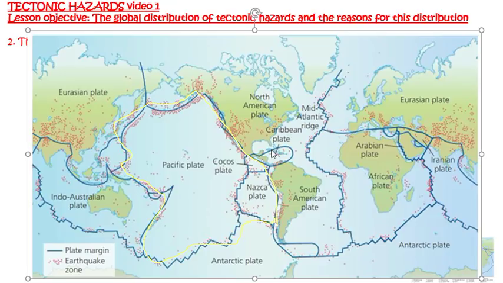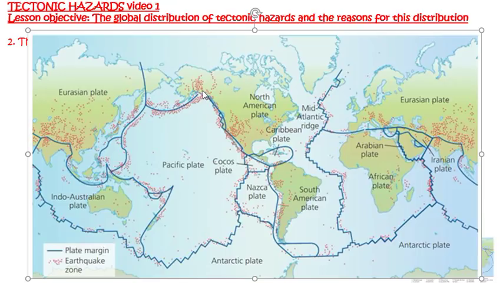At conservative plate boundaries or margins, such as the San Andreas Fault, we get shallow focused, medium to high magnitude earthquakes. So they're still substantial, and cause a lot of damage.